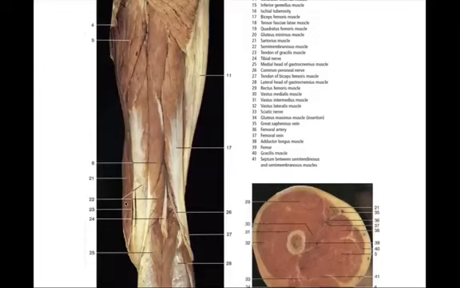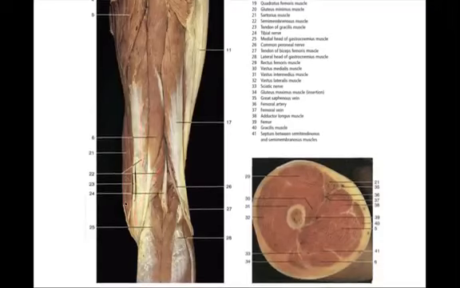So on the lateral aspect, what do you have? The biceps femoris. On the medial aspect, we have semis, right? So one is semitendinosus and semimembranosus. This is semitendinosus, and this is semimembranosus.